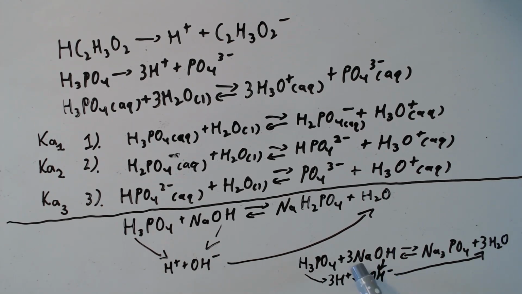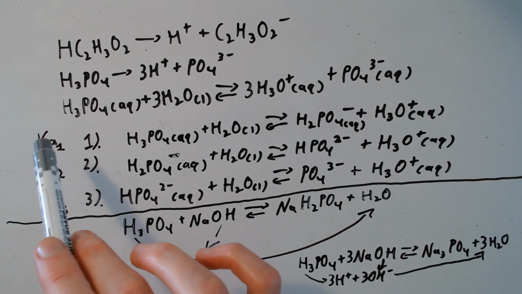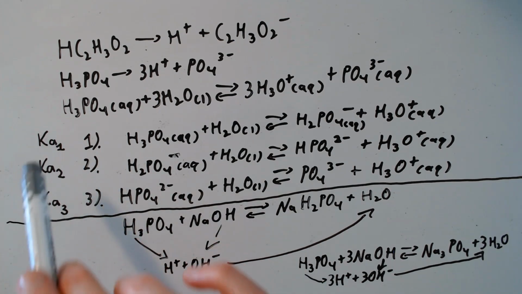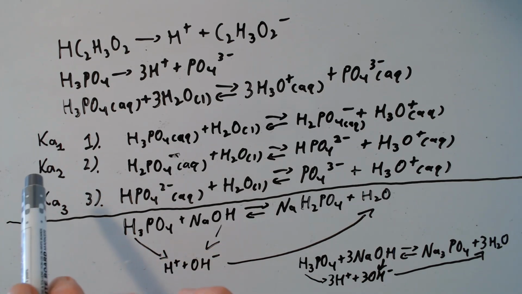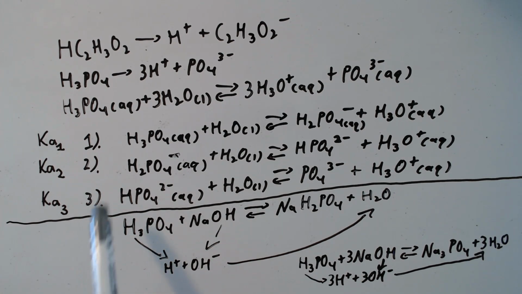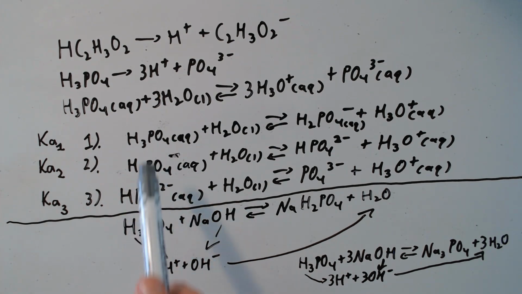In this case, since there are 3 of these OH minuses, it's going to take all 3 of these H's, no matter if the K2 is lower than K1 or K3 is lower than K2, no matter if it gets progressively harder to rip off these H's. This NaOH, because it's such a strong base, is going to take all of these 3 H pluses at one time, and it's going to produce 3 water molecules, because 3 OH minus and 3 H plus form 3 water molecules.